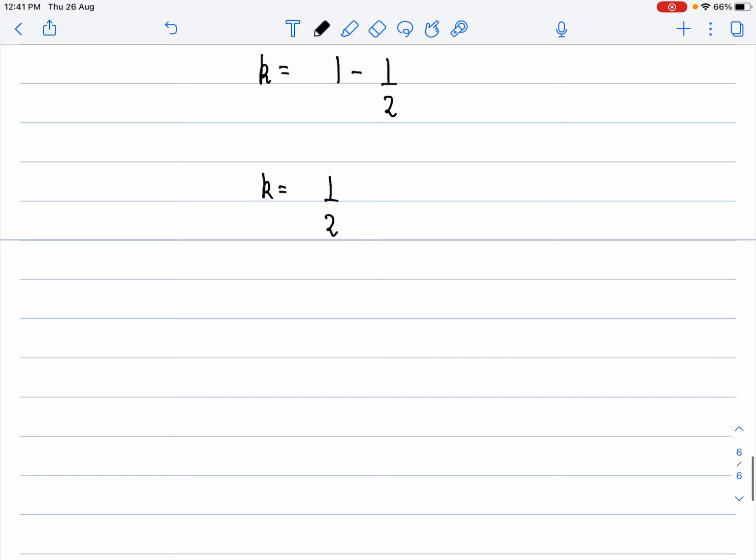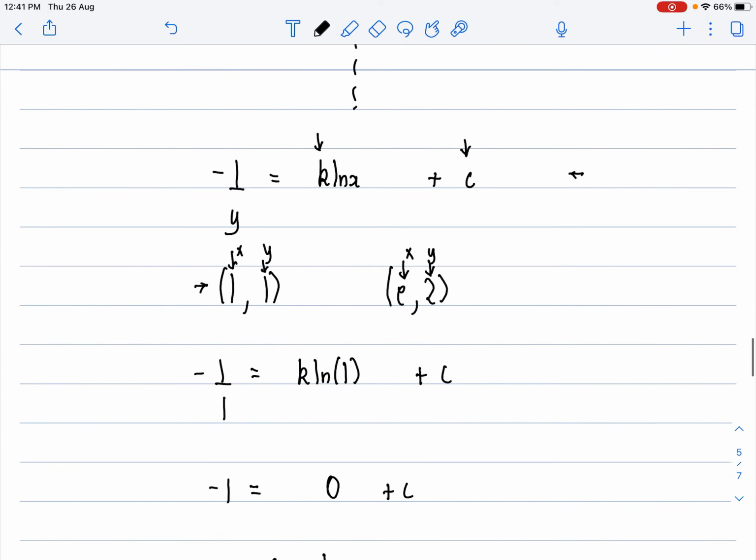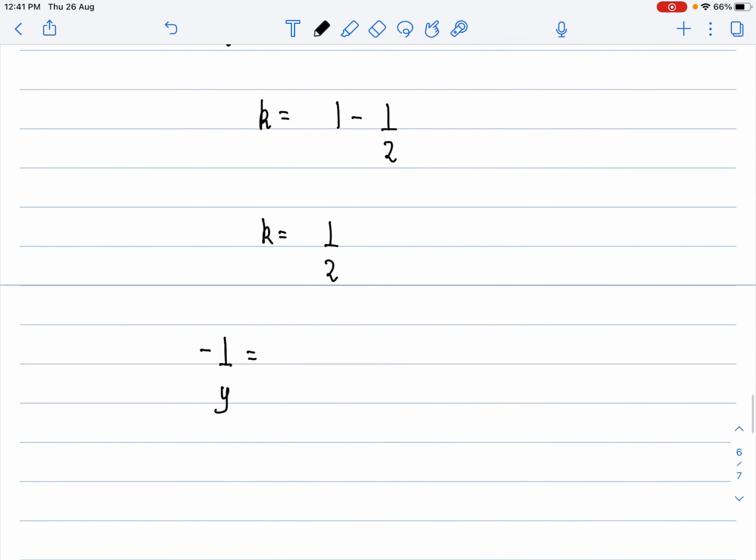So now I can substitute k and c into the equation which we had formed here, and write this as minus 1 over y equals half ln x minus 1.